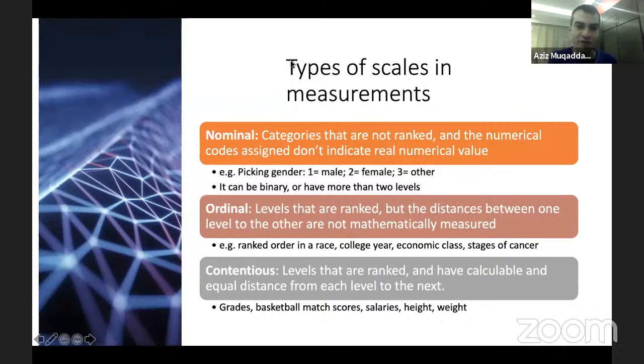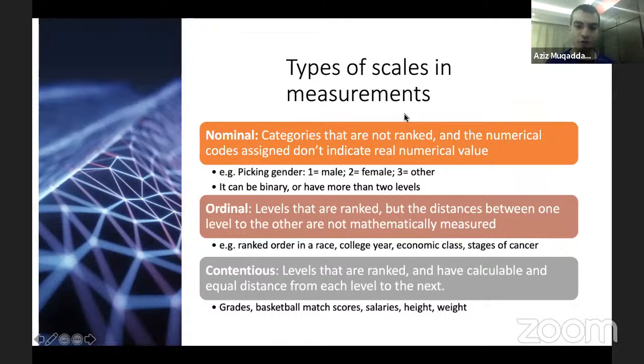It's not that 1 female equals 1 male because female is 2 and male is 1. No, these are just nominal categories. The differences are nominal, and we have numbers just as a matter of convenience. Or when you press one for English and two for Spanish, one and two could be swapped with no difference whatsoever. It doesn't indicate anything about the values of the categories you're selecting.